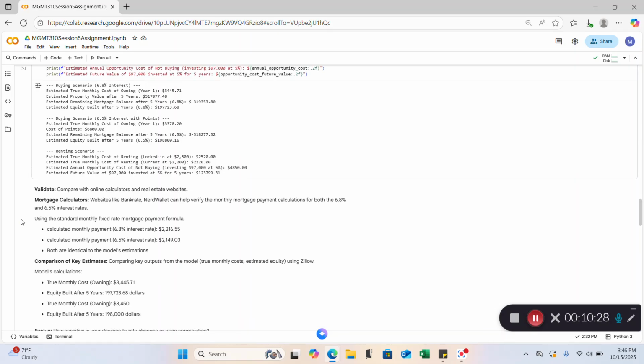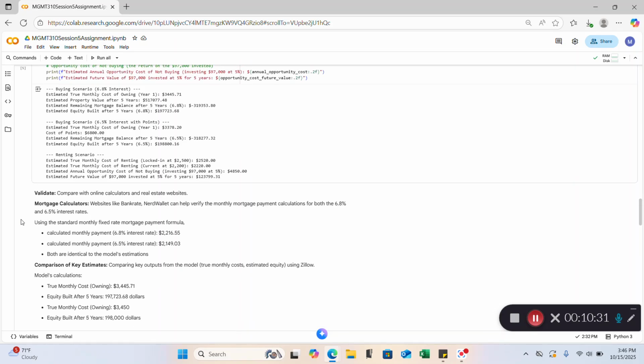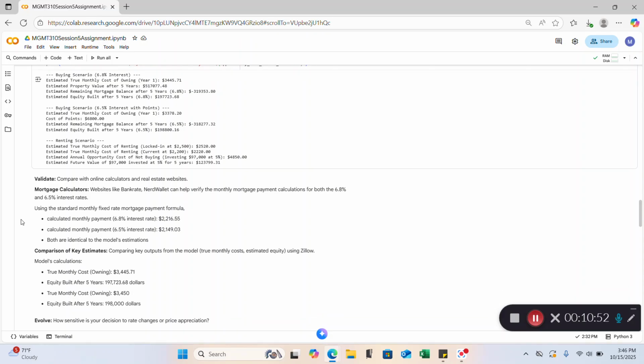I used the standard monthly fixed rate mortgage payment formula, in which the calculation of the monthly payment at the 6.8% interest rate is 2216.55, which is the same as what our model put out. And when we look at the 6.5% interest rate, the calculated monthly payment is 2149.03, which again is identical to our model's estimations, so that's a good thing.